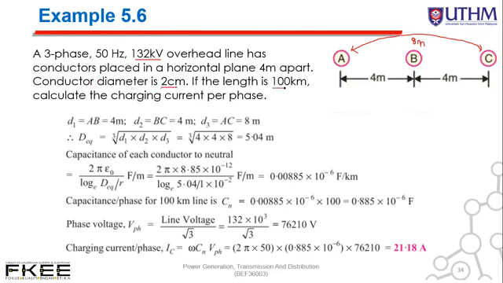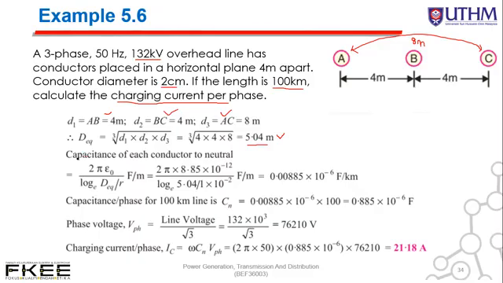If the length is 100 kilometers, calculate the charging current per phase. Given D1, AB equal to 4 meters, D2, BC equal to 4 meters, and D3, AC equal to 8 meters, the equivalent distance is the cube root of D1 D2 D3, so we got 5.04 meters.